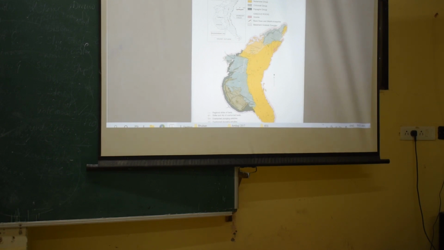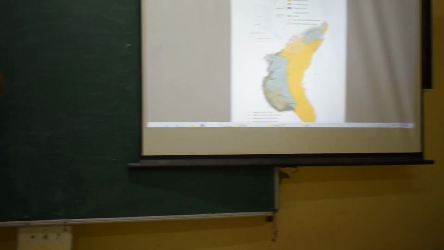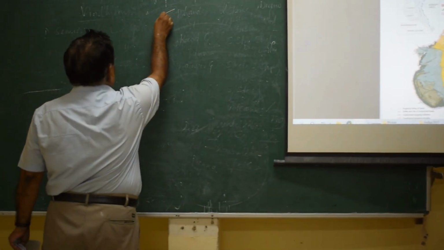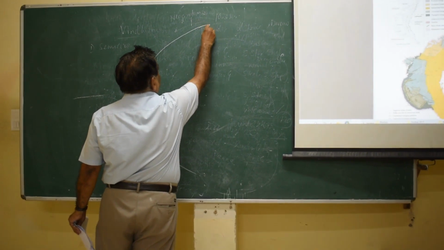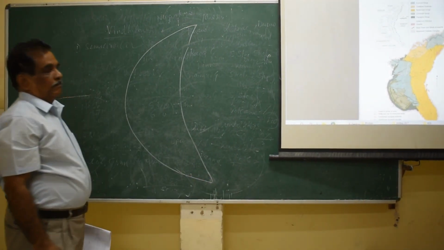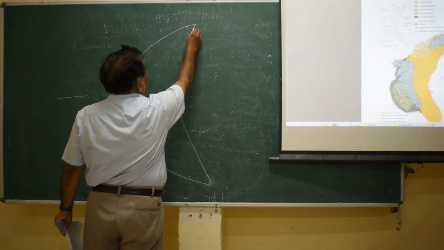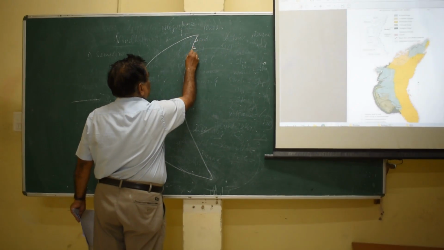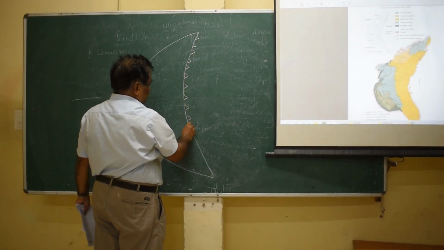I will draw it on the blackboard so that you can remember, otherwise there is no point of showing a map and talking. Now you can just draw it like this, a crescentic type of Kadapa basin. Now this part is a thrust, like this. The eastern margin is a thrust.